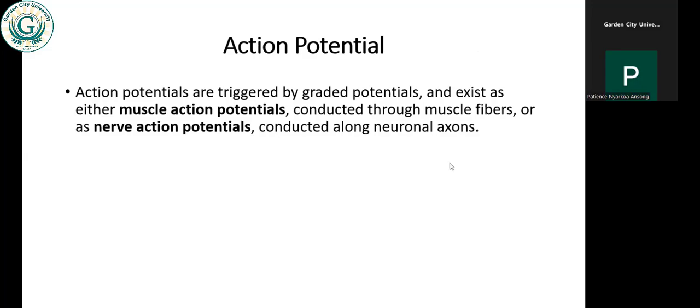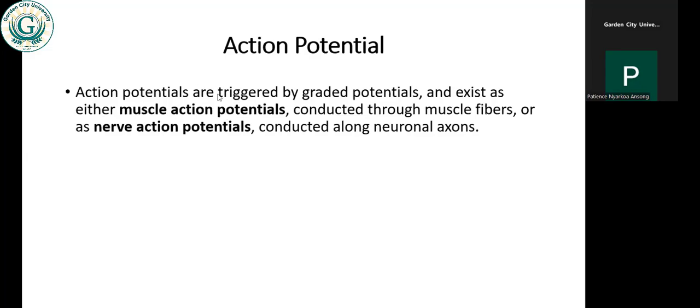Whenever an action potential is generated, it means the signal is able to cross to another neuron for information transmission. Action potentials are triggered by graded potentials, as I mentioned, and exist as either muscle action potential conducted through muscle fibers or nerve action potential.